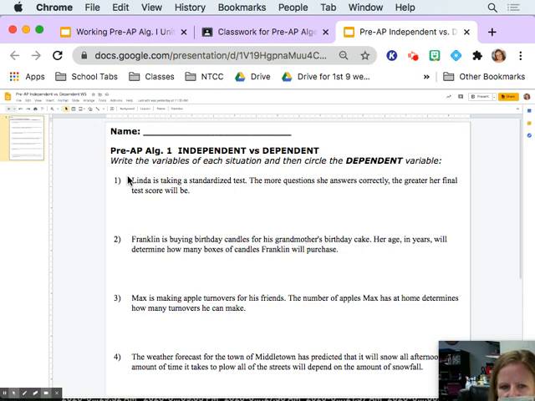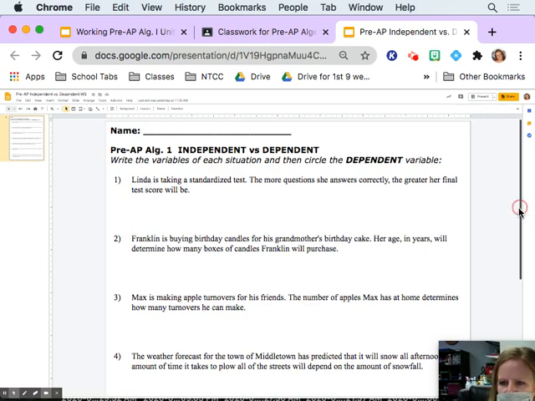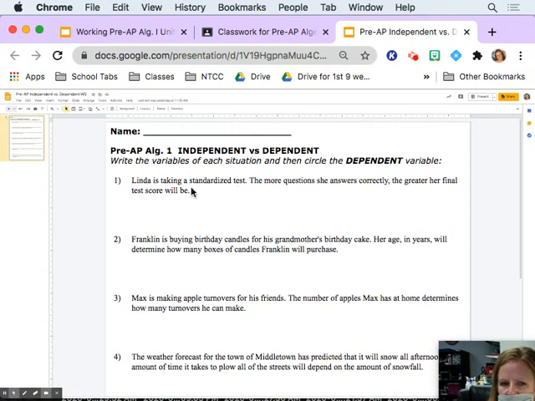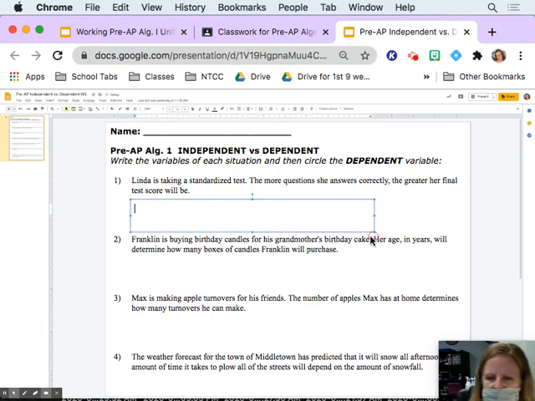Write the variables of each situation, then circle the dependent variable. So the variables are not given to you. You have to decide what they are. So you're going to assign them a letter and then also write what they are. So I'm going to get a little text box so I can write on here. If you want to do it on paper, you can do that too, but I'm going to go ahead and get us started on the digital one.